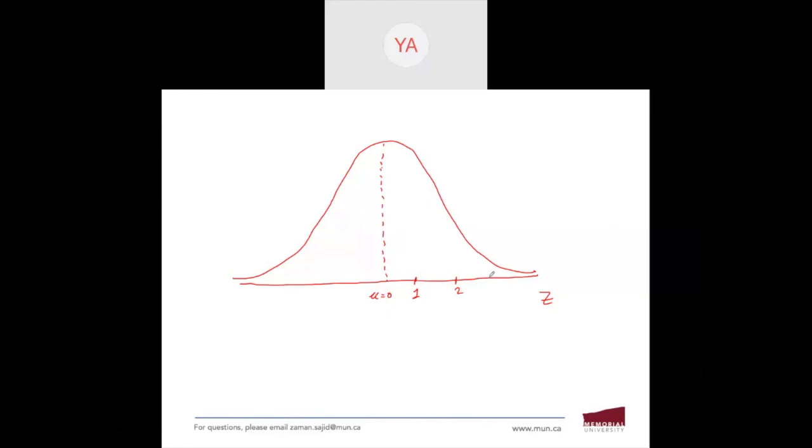I can also go 1, 2, and 3 standard deviations below the mean. This is how the standard normal distribution graph looks.